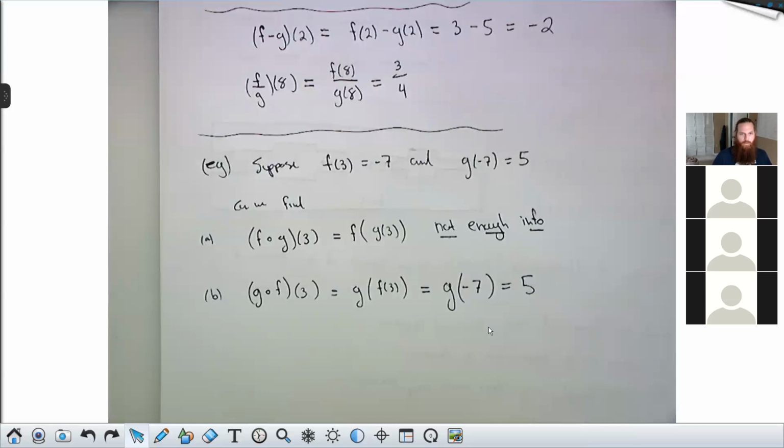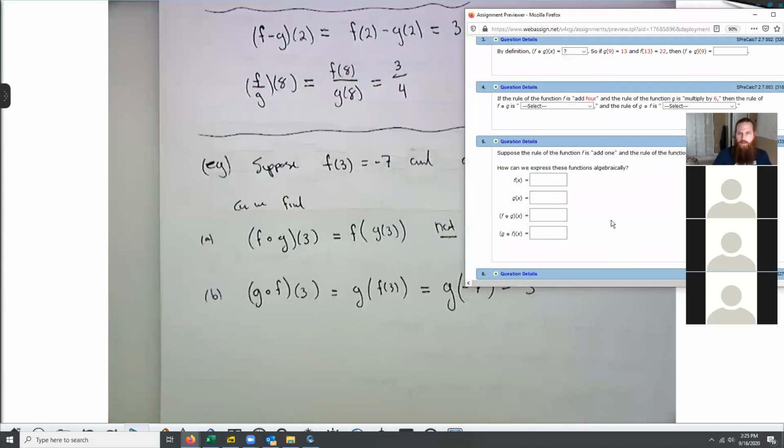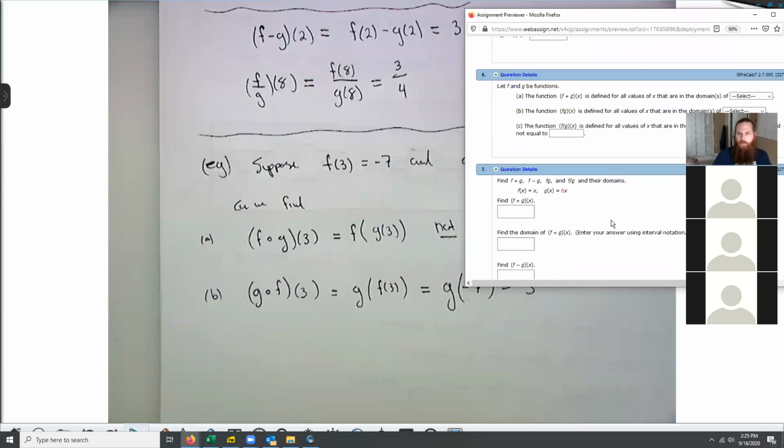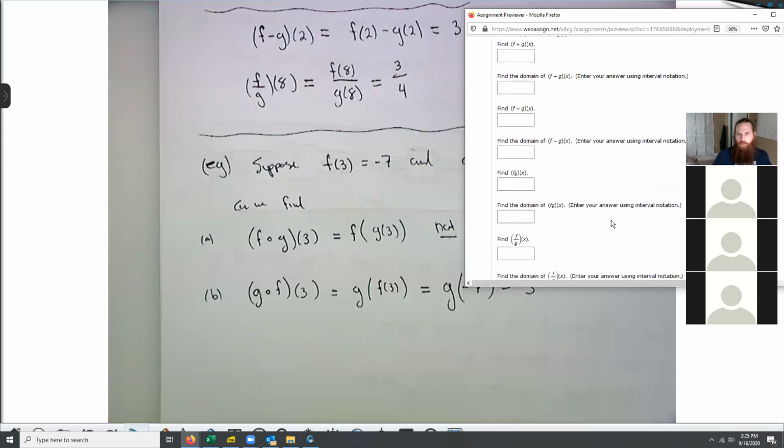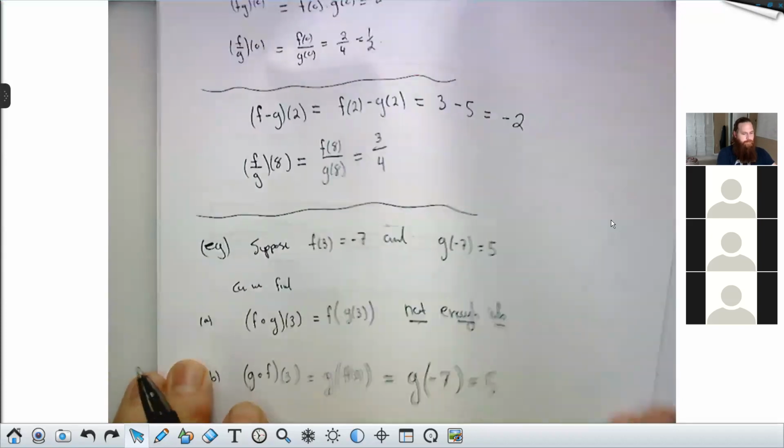Okay. Yeah, let's look at another example. This time, let's make it just a little bit different. This time, I'll give you a table.